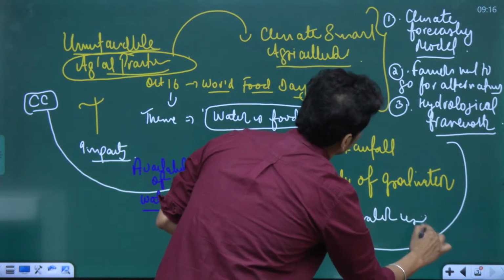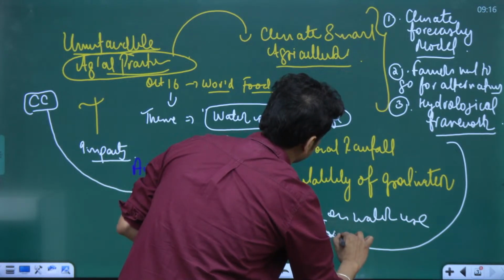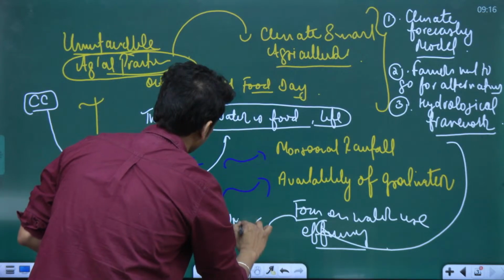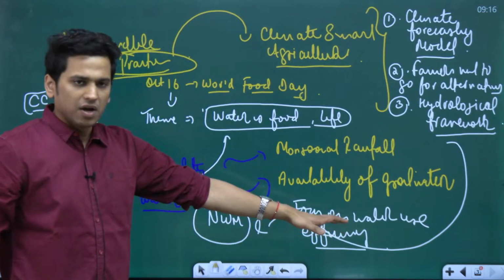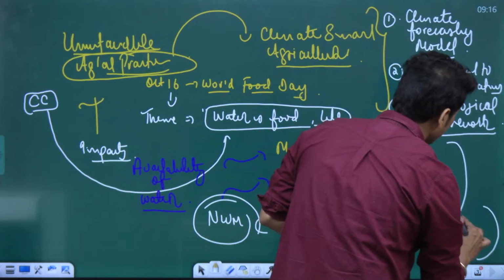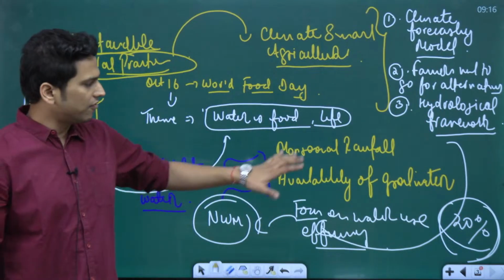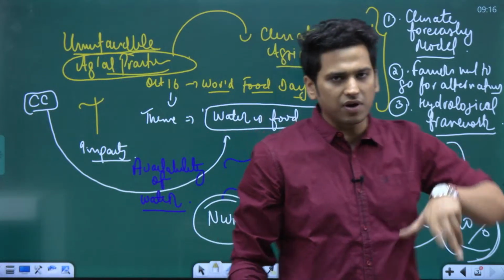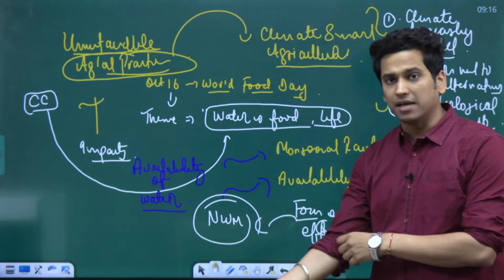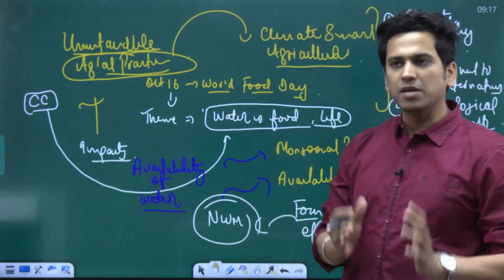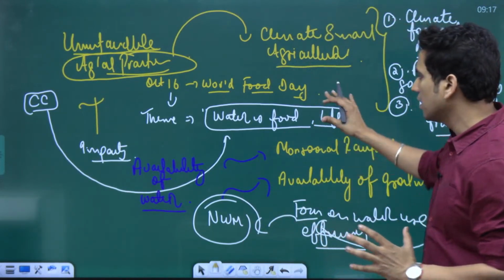That is the National Water Mission, that aims to achieve water use efficiency and increase it by 20%. So then only in the future can we avert the crisis that we are witnessing right now, related to the problem of water that is very much less available, and it can create a lot of problems.